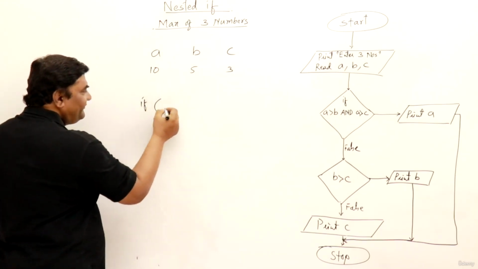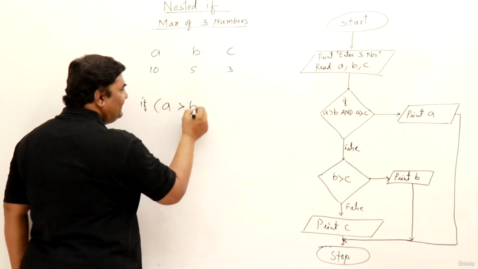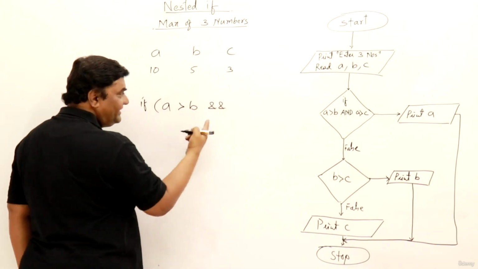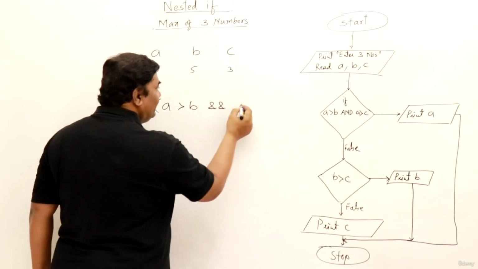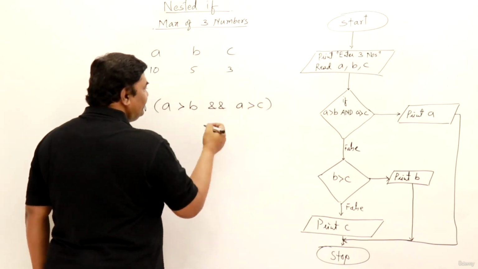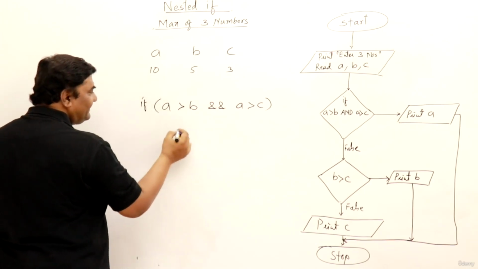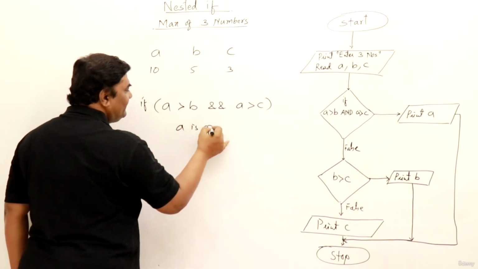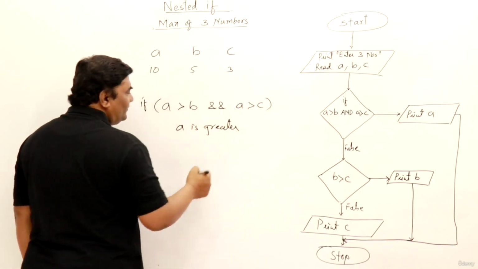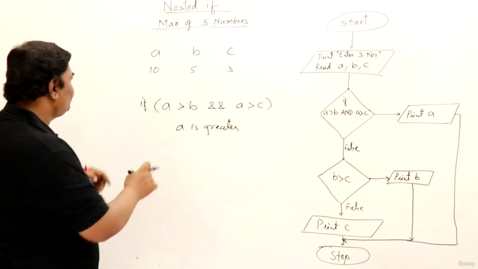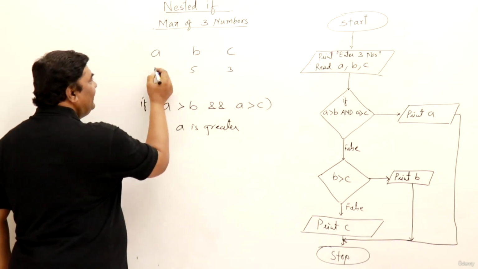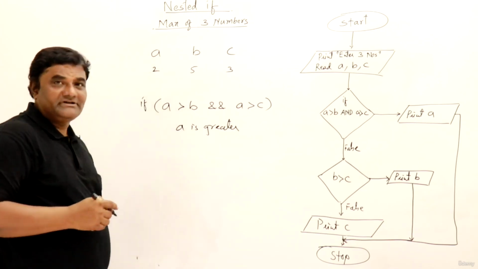So it means if A is greater than B and A is greater than C, then A is greater, right? I'll just write it down here. It's not C++ code. Suppose A is not 10, A has value 2. Then what happens?